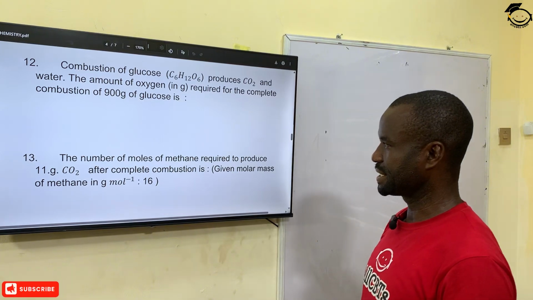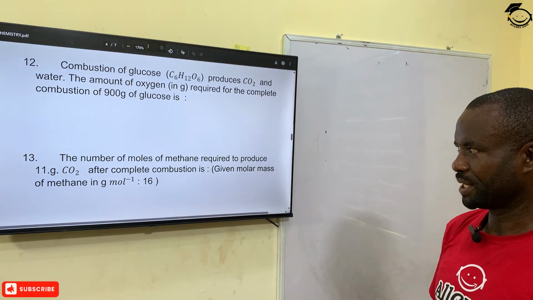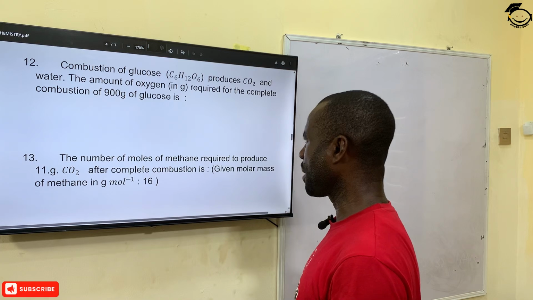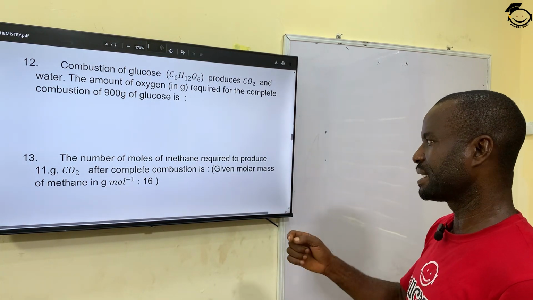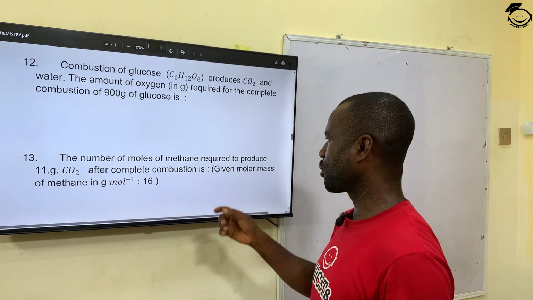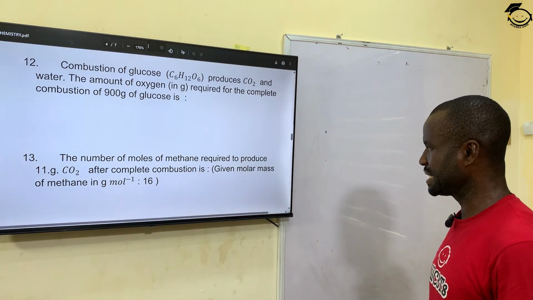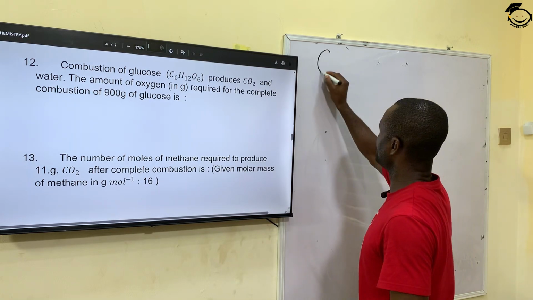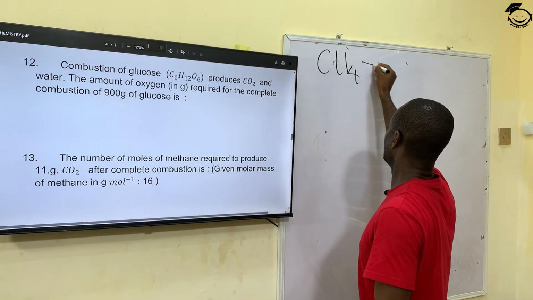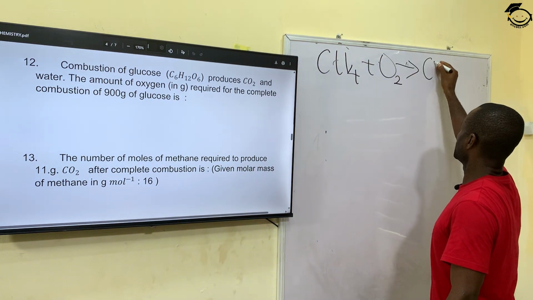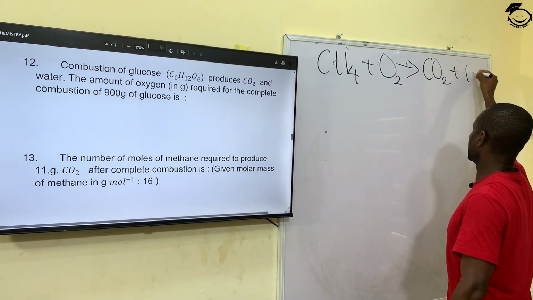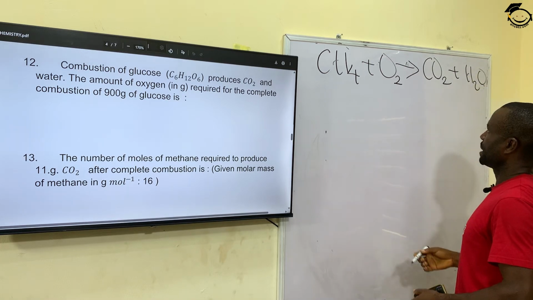All right, question 13, and this is going to be the last question for today. It says the number of moles of methane required to produce 11 grams of CO2 after complete combustion is, combustion of methane. Methane is taken as CH4 plus oxygen gives you CO2 plus water. You need to balance the equation.